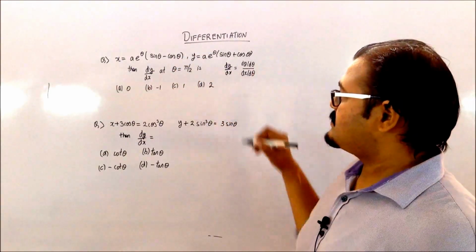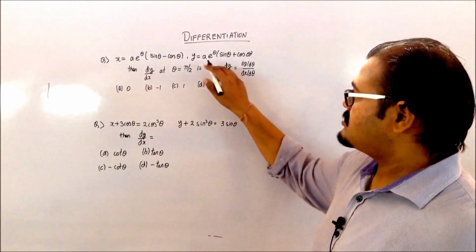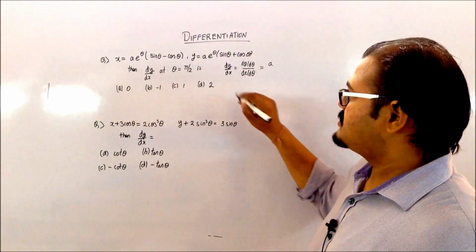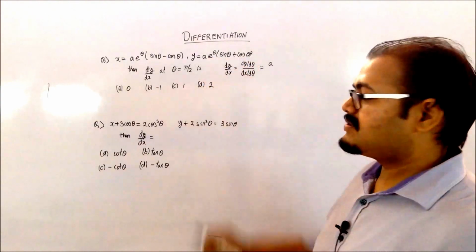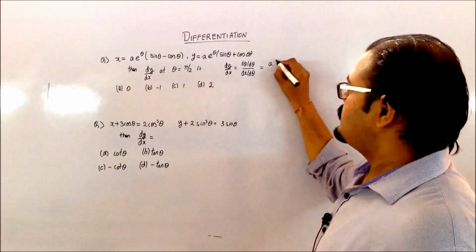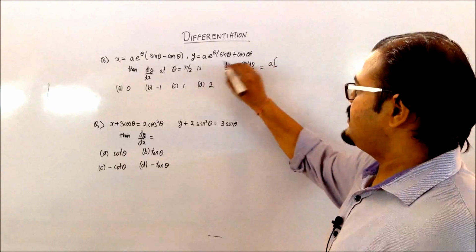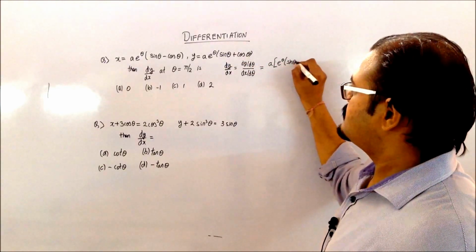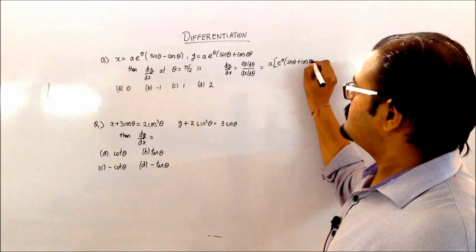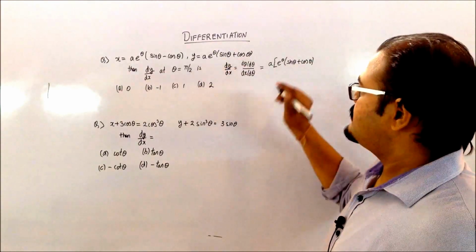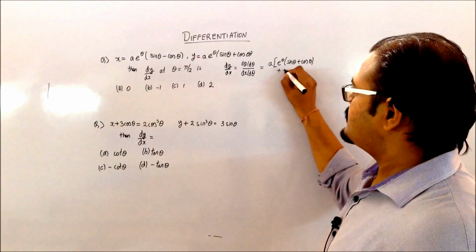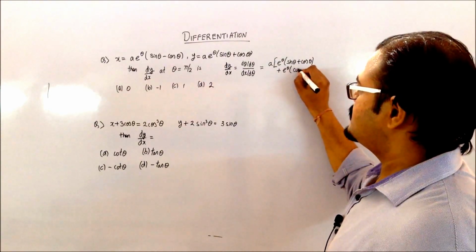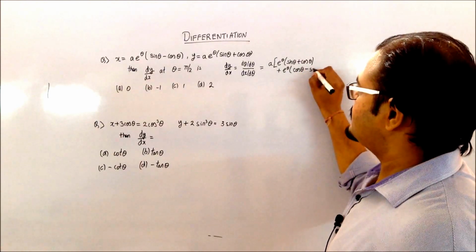So let us find dy by d theta. a is a constant term, and it is a uv rule. You can take a common, so e raised to theta will have the same value, plus e raised to theta as it is, and the derivative of the bracket, which gives you cos theta minus sin theta.